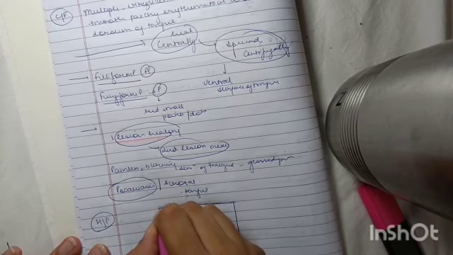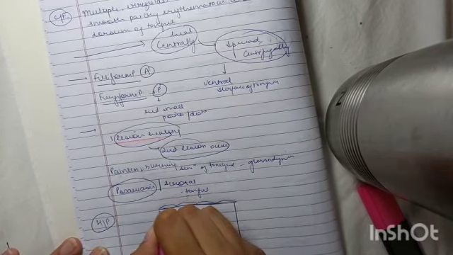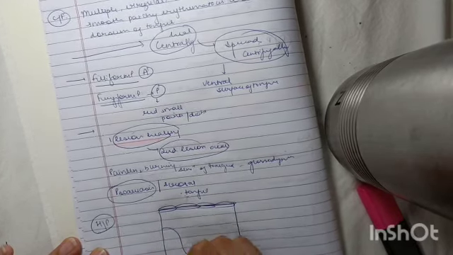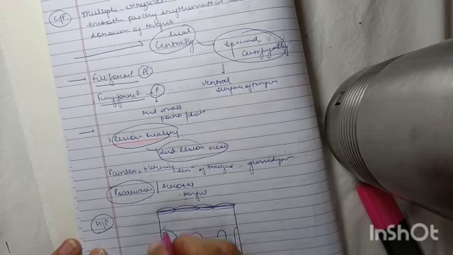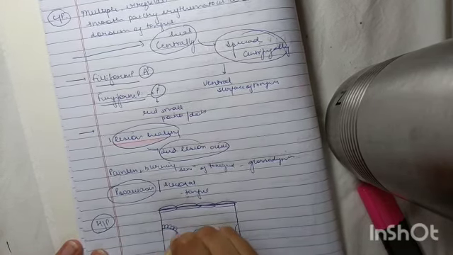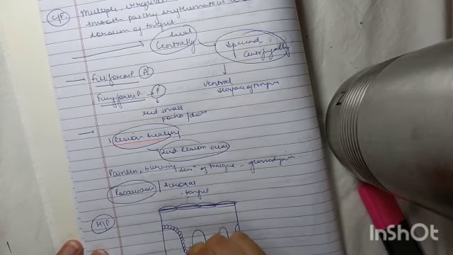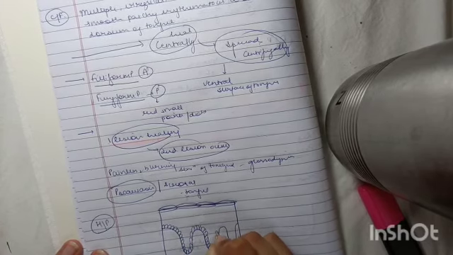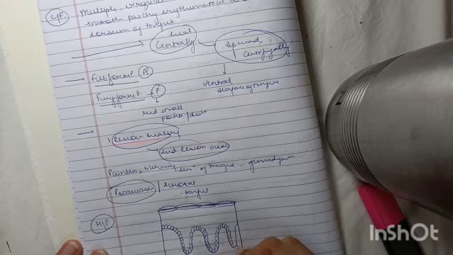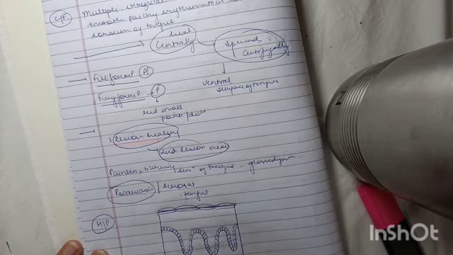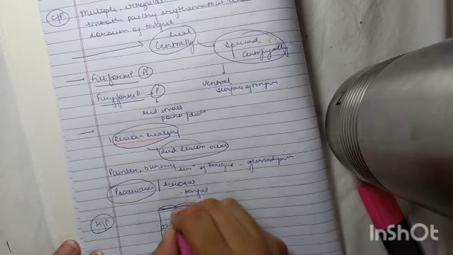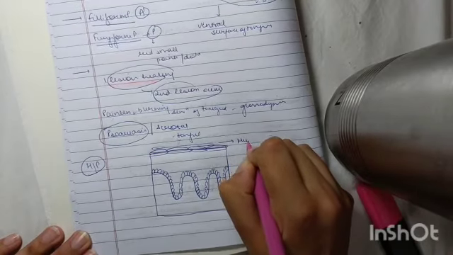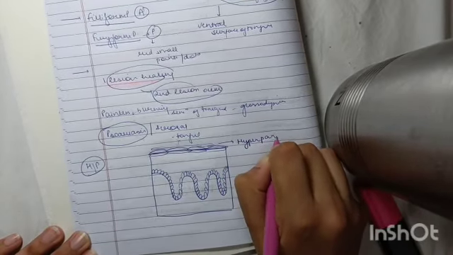So starting from here, what you will see is hyperparakeratosis.